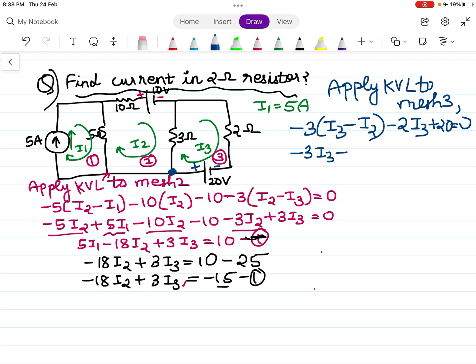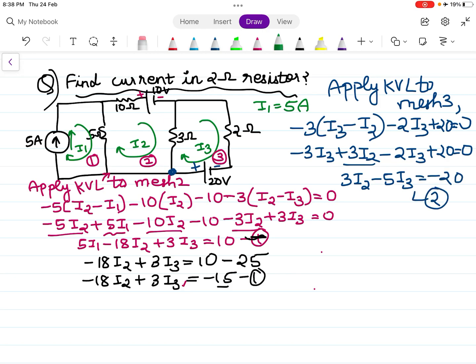Minus 3 I3 plus 3 I2 minus 2 I3 plus 20 equal to 0. So this will be 3 I2 minus 5 I3 equal to minus 20.